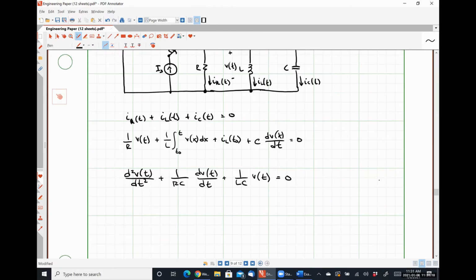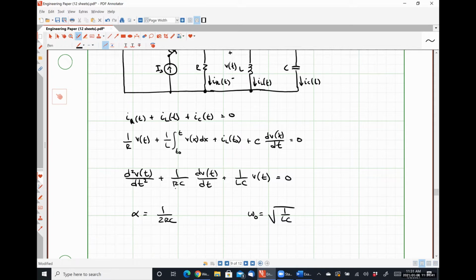And we know that for a parallel RLC circuit, alpha is 1 over twice RC, and omega naught is equal to the square root of 1 over LC. We've shown that. That's how we've defined them for the parallel RLC circuit.